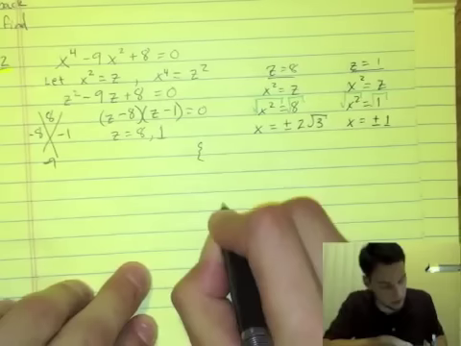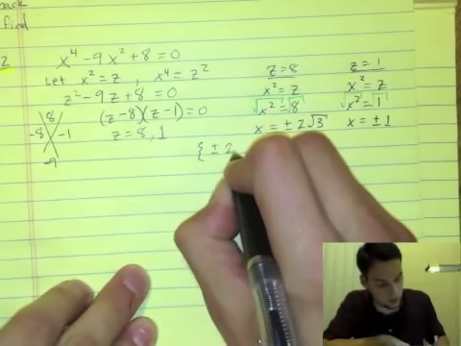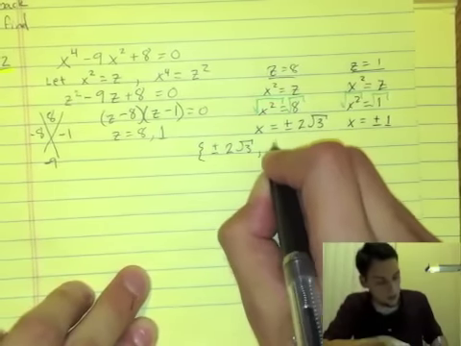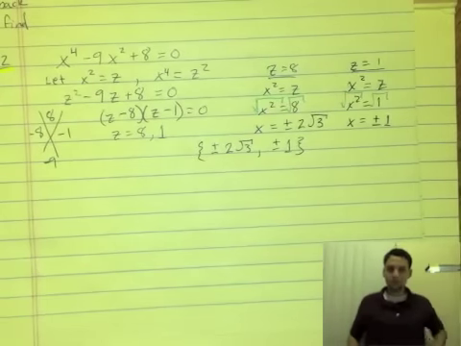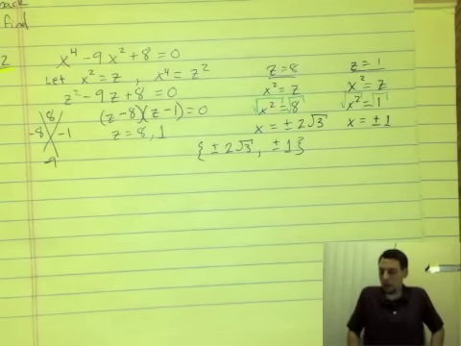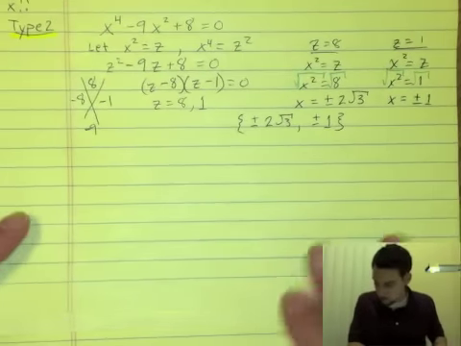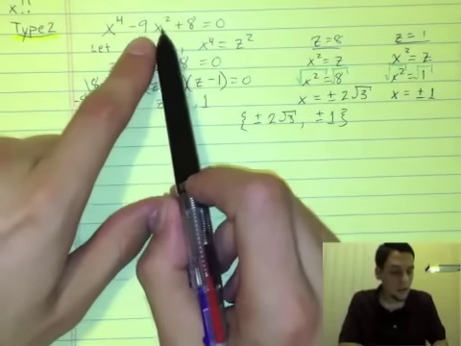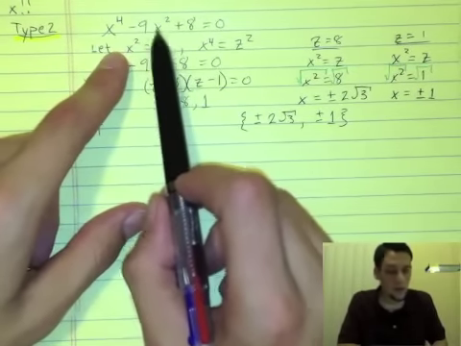So our solutions here are plus or minus 2 root 2 and plus or minus 1. Nothing too difficult. Again, we're looking at the middle term and making the substitution, not based on the coefficient, but on the variable part.